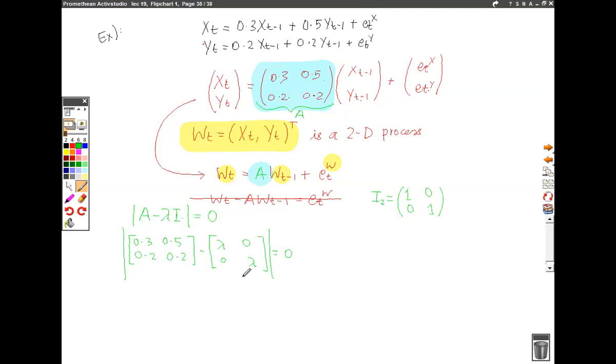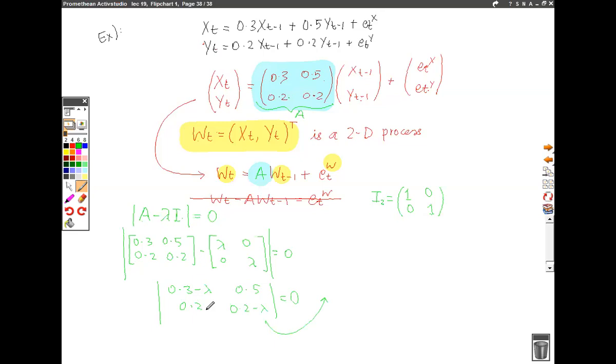Now if I were to write it again, I will just have something like 0.3 minus lambda, 0.2, 0.5 and 0.2 minus lambda, whose determinant should be 0. And I am hoping everyone knows how to figure out determinants. For a 2 by 2 matrix it will just be this multiplied by this minus this.